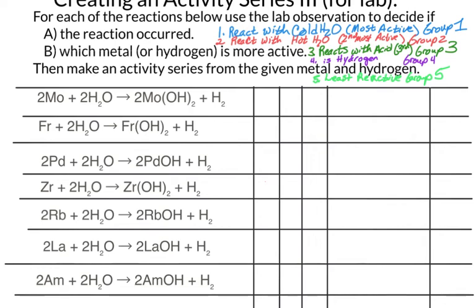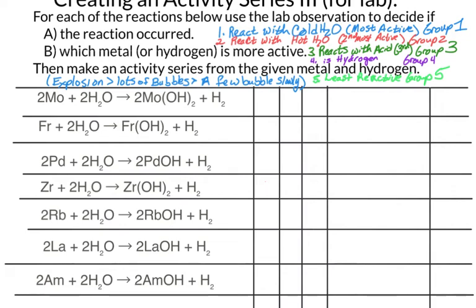Essentially, if it explodes, that's pretty reactive, and that gives you a clue that the one that exploded on contact with water is more active than one that just bubbles a little bit. And then, again, we can look at how fast it's bubbling. So if it bubbles really rapidly, we know that it is more active than a metal that bubbles just a little. We will be using the rate of evolution of gas, what we call bubbling, to determine which of the metals within a grouping are more active.